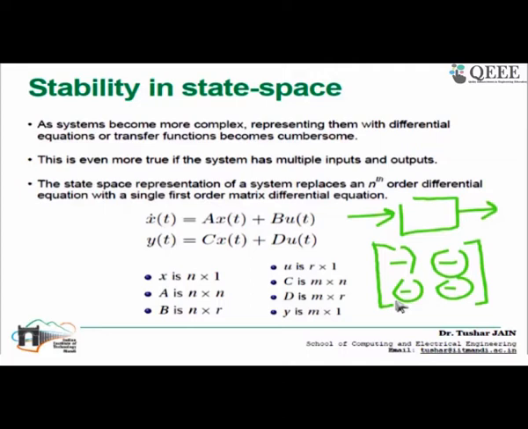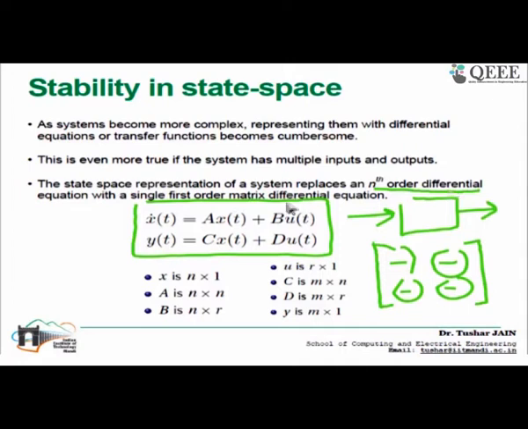But if we have a representation of a system in such a way, this is a very generic representation of what we call the state variable representation. For the nth order differential equation, if we convert it into the transfer function form, we would have a transfer function of order n as well.